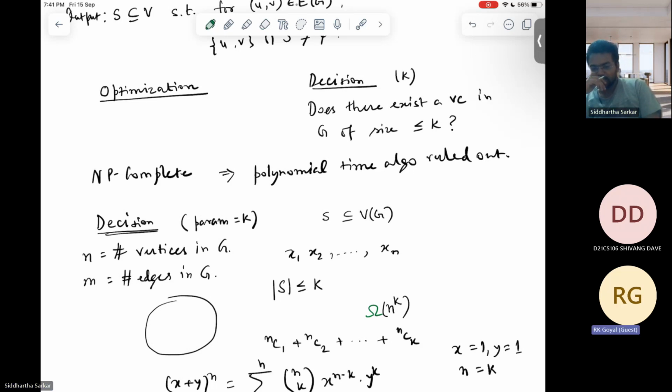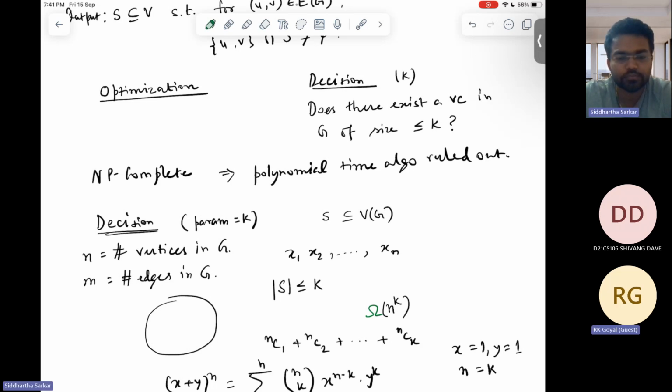Yes, so my intuition says that if you give me a vertex cover, I can verify in polynomial time whether it is forming a vertex cover or not. And since I would be considering all possible subsets of a set having n elements, the possible number of subsets would be 2 raised to the power n.